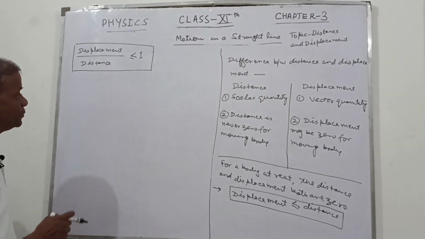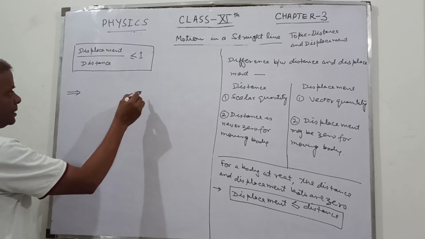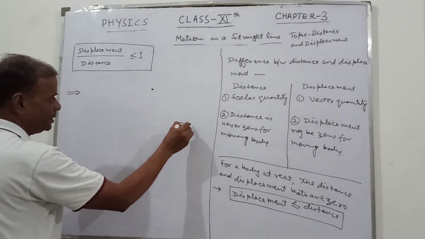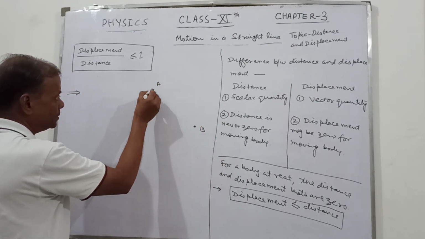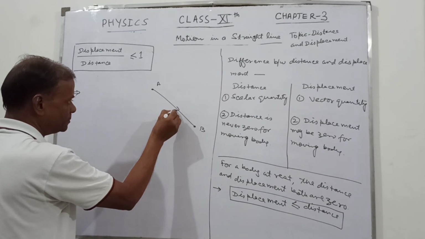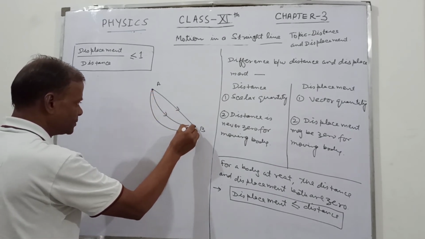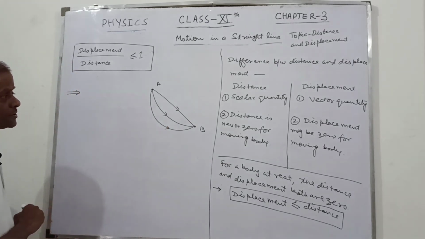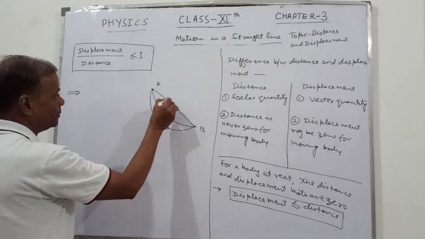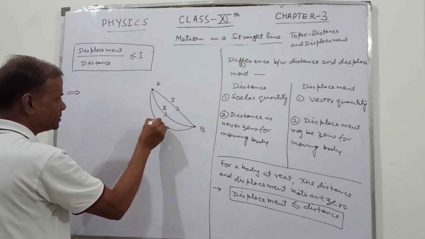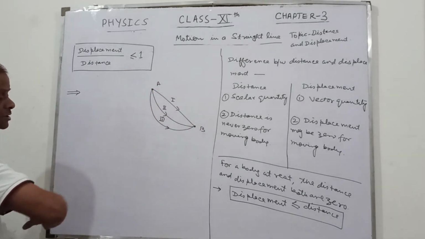Also remember, suppose we take one more example, that the body moves from A to B. Suppose this is point A, this is point B. Then this is the shorter distance, and it moves like this, and then it moves like this. There are 3 paths. This is your first, this is your second, this is your third. The body moves from A to B along the 3 paths.